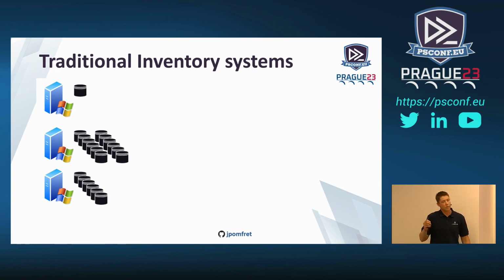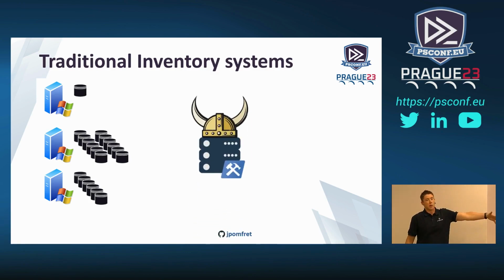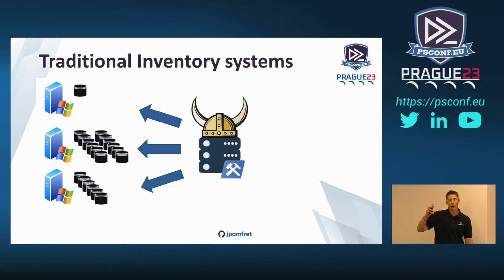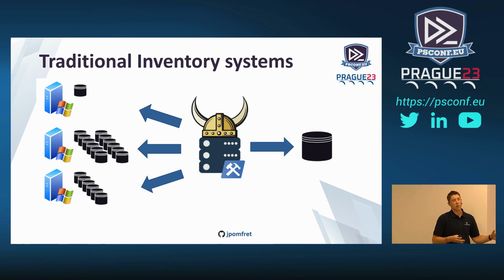As a DBA, I like to know what databases we have in our estate. But for me to keep track of them, I need some kind of hero, which is where dbatools comes in. With dbatools, I can go out and collect all that information, and then I can store it in my inventory database. But this is very much reactive, right? I've got my estate out there, and I'm going to go see what it looks like and then record it in my database, maybe daily, maybe hourly even.